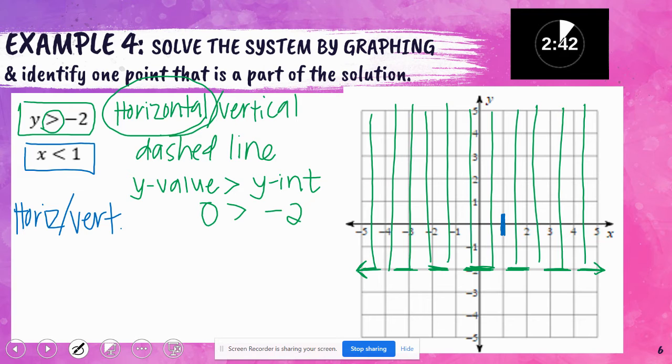And since this tick mark is already moving in the vertical sense, it's going to be a vertical line. And actually, same reasoning, it's going to be a vertical dashed line since we have x is less than. So at x is equal to 1, we're going to create that dashed line.